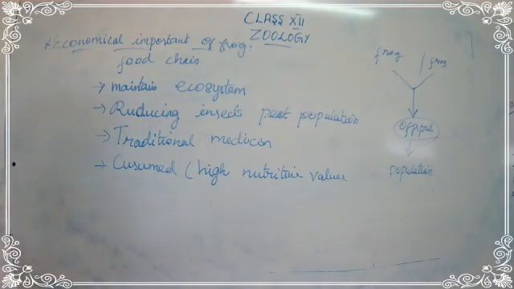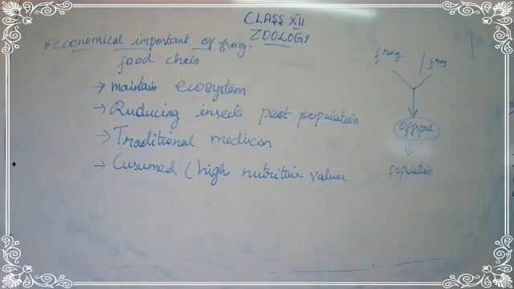What are the economical importances of frog? First of all, maintaining the ecosystem, because the frog plays a major role in the food chain. Then reducing the insect pest population.